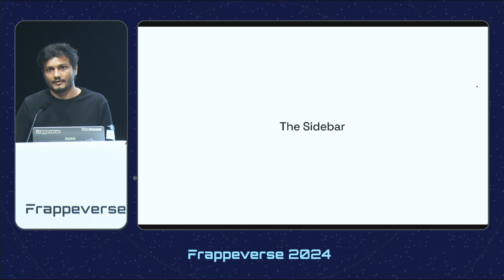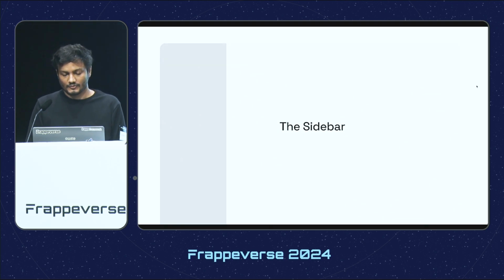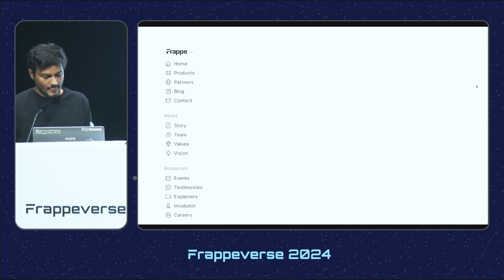So the sidebar is synonymous with our apps. All our apps have a sidebar, so I brought it into the website. This is the Frappe.io sidebar. And since we are moving all the product websites into Frappe.io, there was an issue of where we would fit the navigation for those product websites into the main navigation, because it was now a part of Frappe.io.